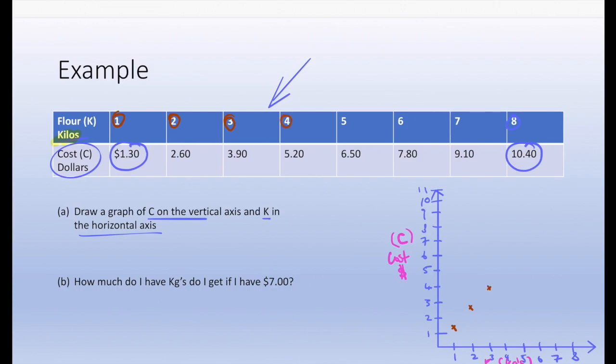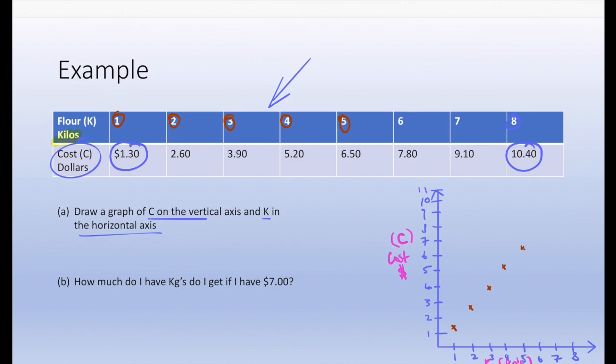At 4, it's going to be $5.20, which is just above $5. At 5, it's $6.50, so we're going up halfway between 6 and 7, which I think is around there.